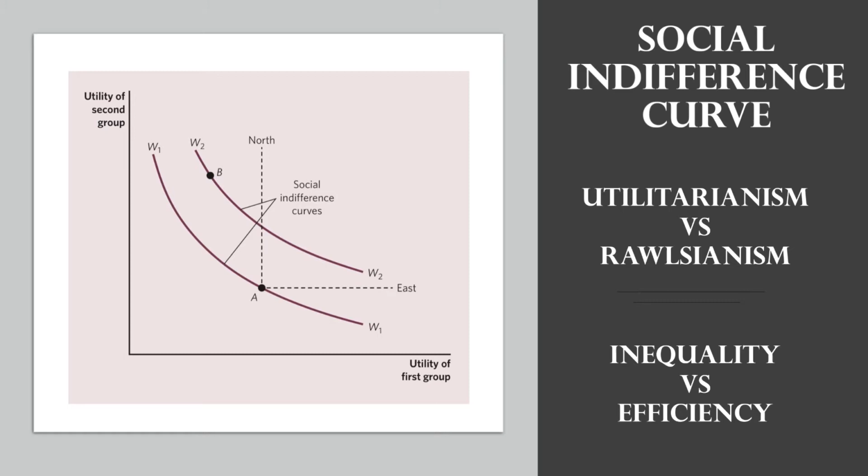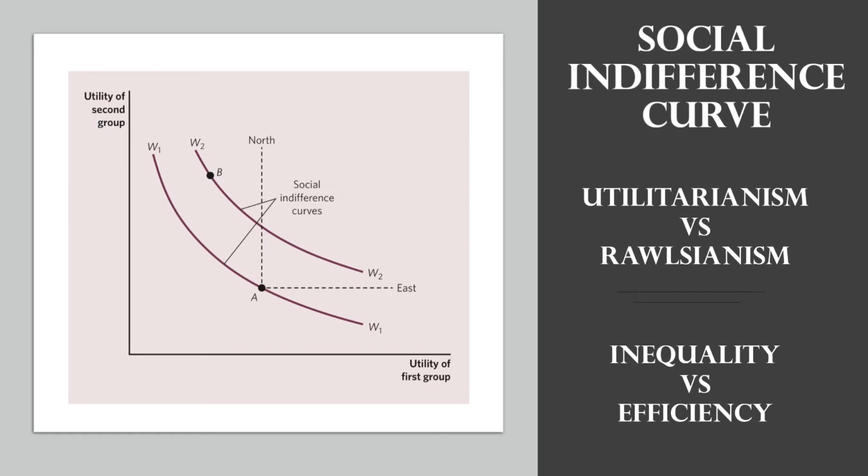The social indifference curve becomes blurred. It's difficult to figure out what the social indifference curve is, and more difficult even, how to manage it, what to do about it as a public sector economist.